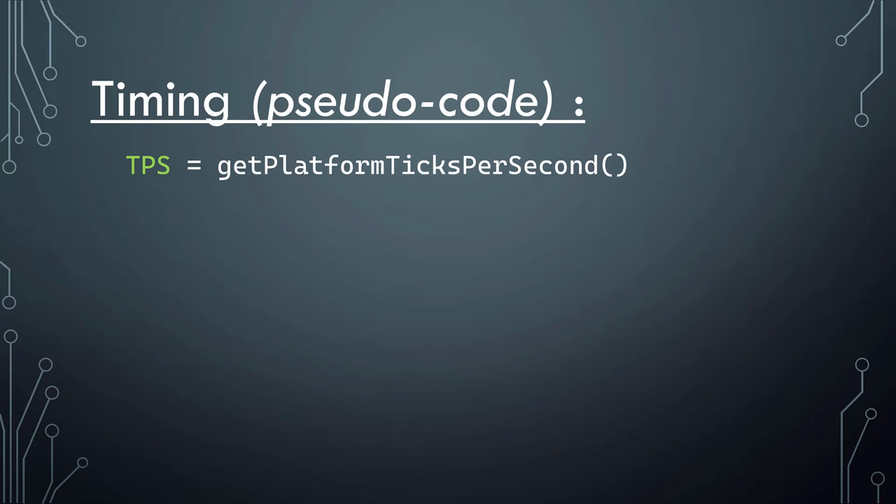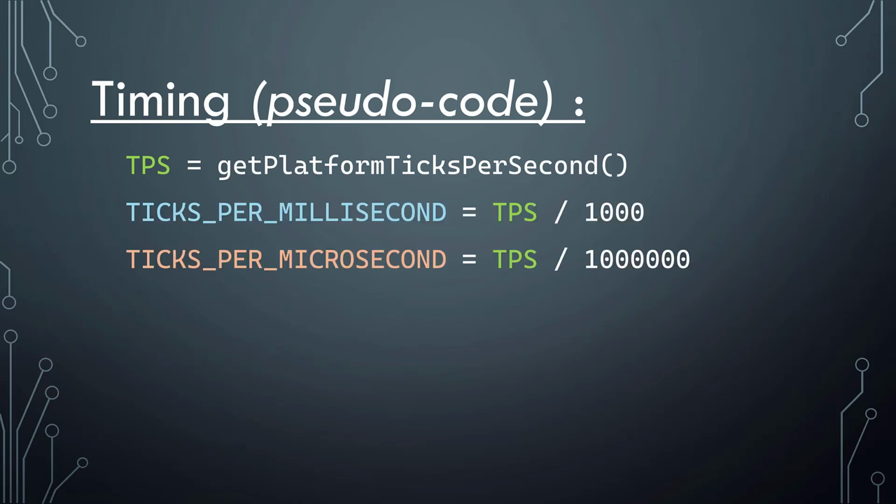We take the platform ticks per second and just store that. It's going to be like 1,000,000 or 1,000,000,000, we don't know. But however much it is, if we divide that by 1,000, we get how many ticks there are in a thousandth of a second. That's how many ticks there are per millisecond, and this could be an integer, it doesn't have to be a floating point.